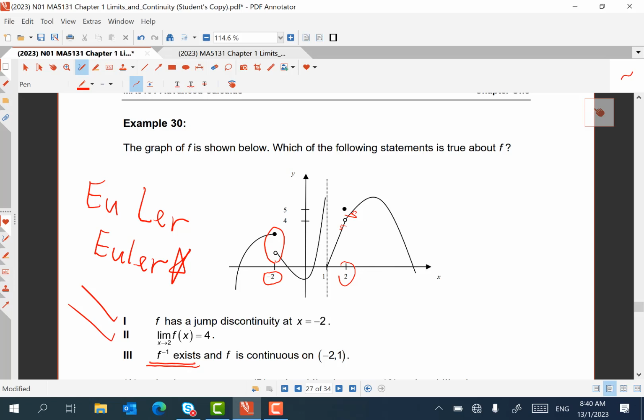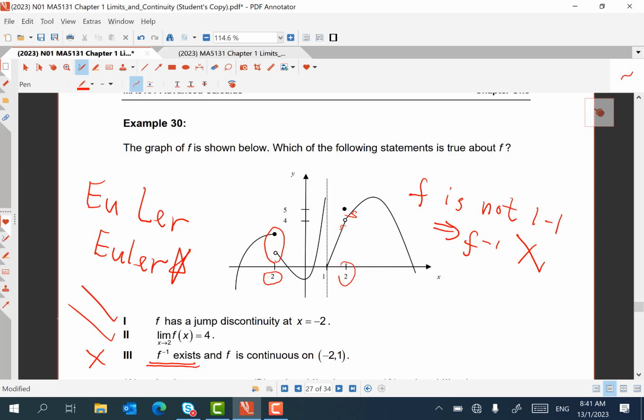No. Why doesn't it exist? Because in this case this function f is not one-to-one. So this implies that f inverse does not exist. Therefore, statement 3 is not true.